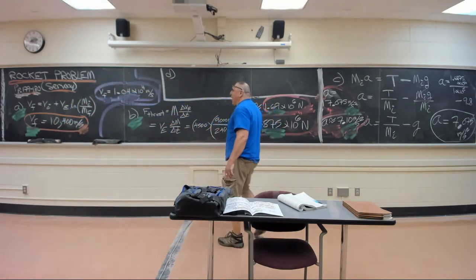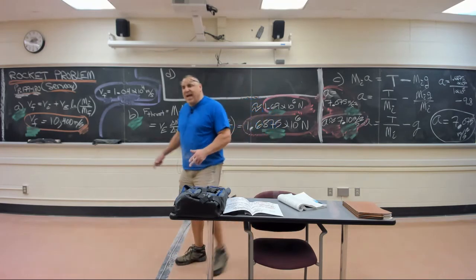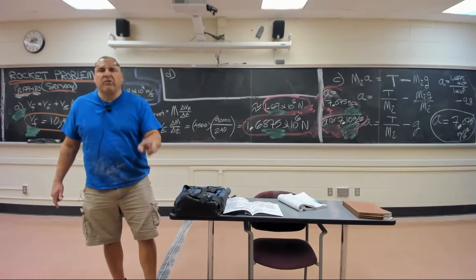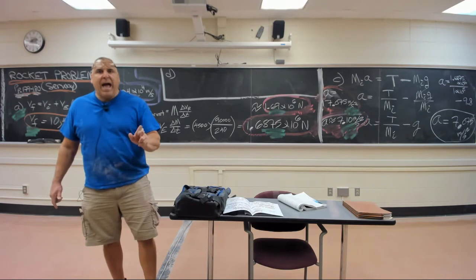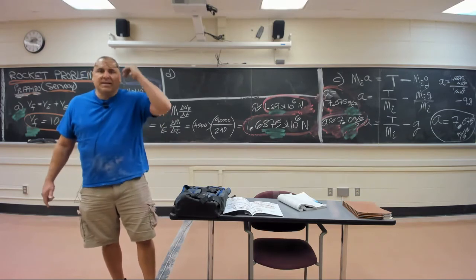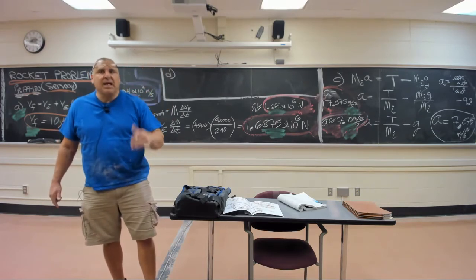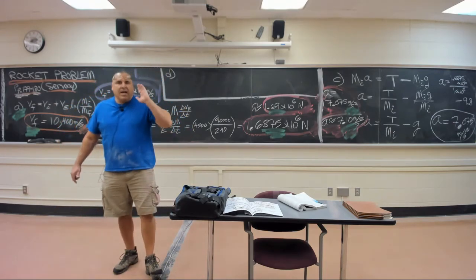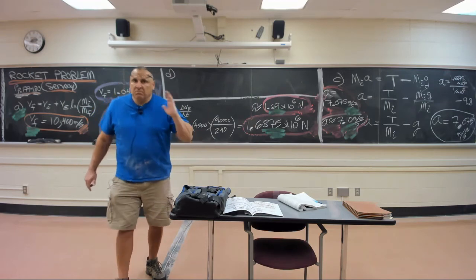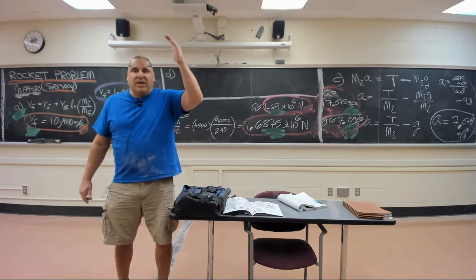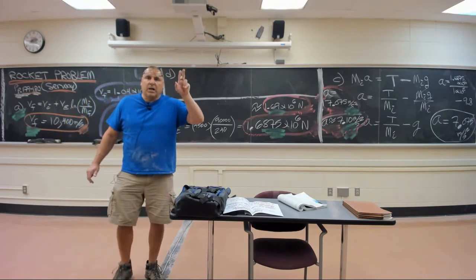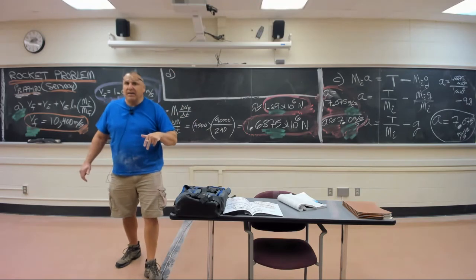Because you guys remember way back, didn't I say the thrust is a constant force as long as the rockets are firing, expelling mass at a constant rate, delta M divided by delta T. If delta M divided by delta T is a constant, what do you mean? 90,000 kilograms, because it went from 100,000 kilograms to 10,000 kilograms. 90,000 kilograms lost in 240 seconds.